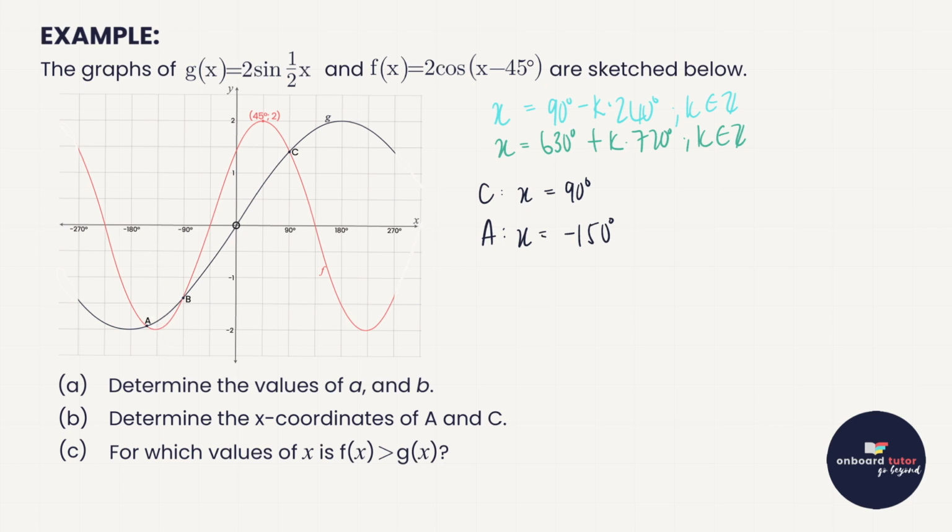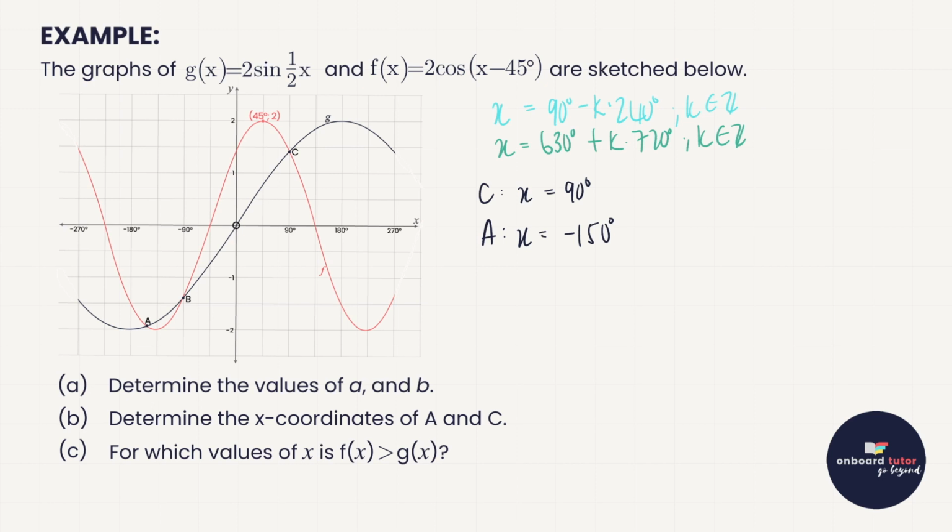And then as a final question here, for which values of x is f of x greater than g of x? What they're asking there is that the graph of f of x, which is the cos graph, this one here, must be above, greater than, the g of x graph.